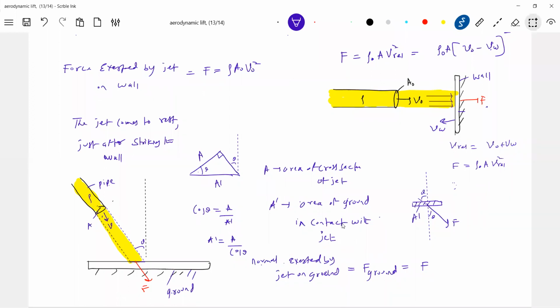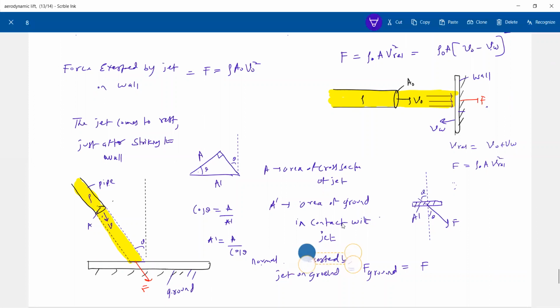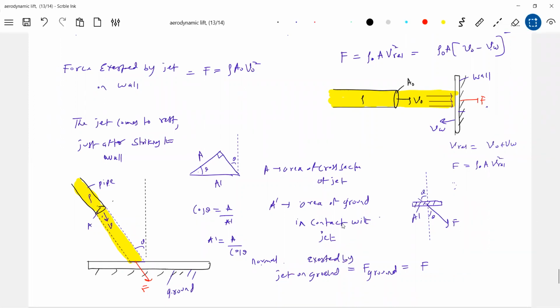It is the normal force. This force is what we are interested in. Normal force exerted by the jet on the ground. So F perpendicular, I think this will be more systematic, will be F cos theta.